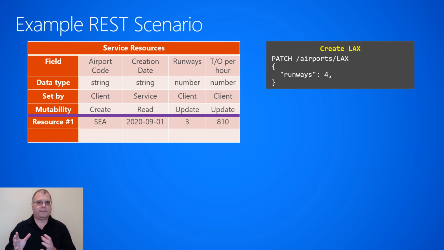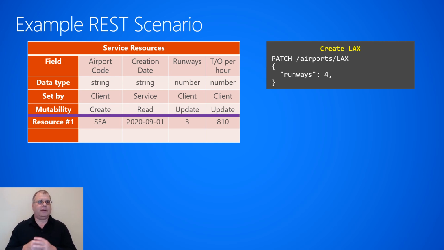Then there's another field in here, which is the creation date that indicates when this airport was added into the collection. And once that's set, it's read-only after that. Then we also have for each airport the number of runways that are available at that airport. And then we finally have the number of takeoffs per hour, another field that we maintain for each airport.